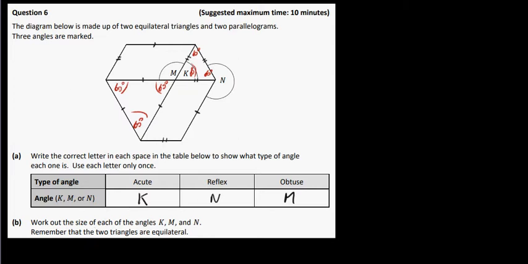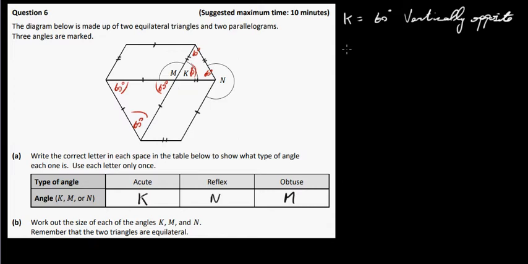So let's do that. Well, K is actually the easiest one to do first. So K here is just going to be equal to 60 degrees because it's vertically opposite this angle here.